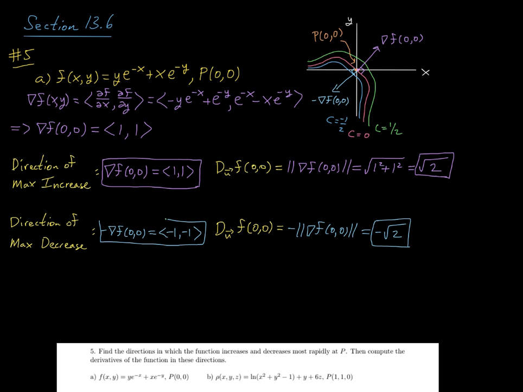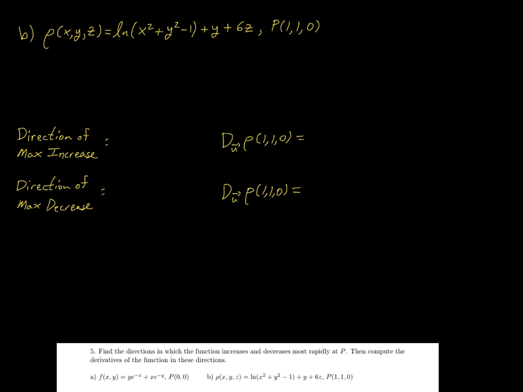And for B, we're going to really just apply the exact same idea, except now the main difference is that we're working with a function of 3 variables. But all the same ideas carry over. So we'll first go ahead and just compute our gradient vector. We can do that over here.